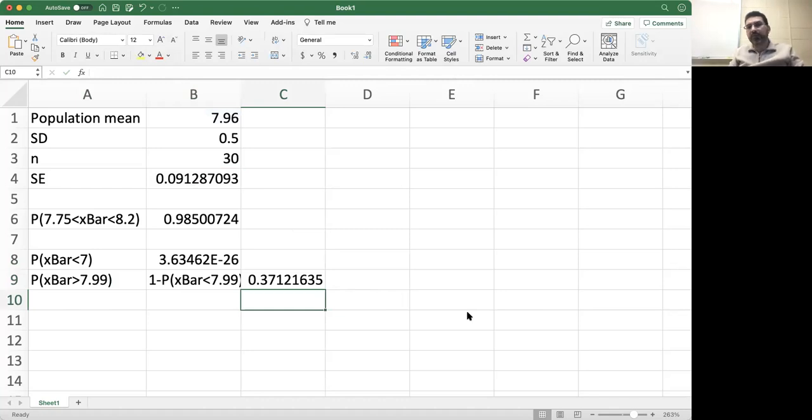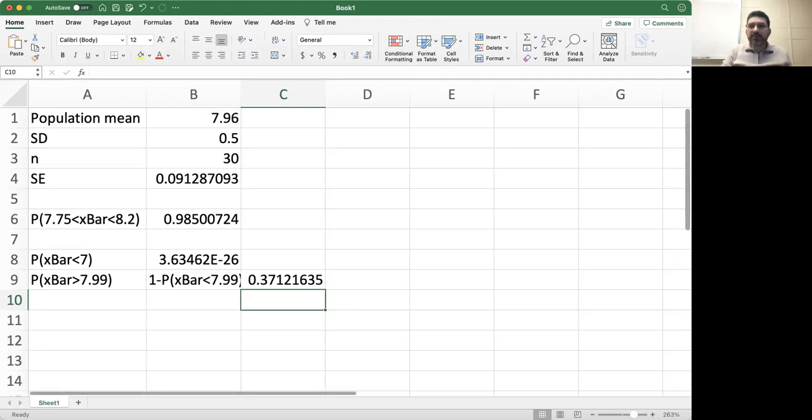Of course, all the results from Excel are more accurate than what we have from the table. If you remember, I said that to you. In the table, we sometimes round the numbers so we can deal with 2 digits after the decimal point, right? But here you don't need to do that, and you will have the accurate probabilities as you can see.